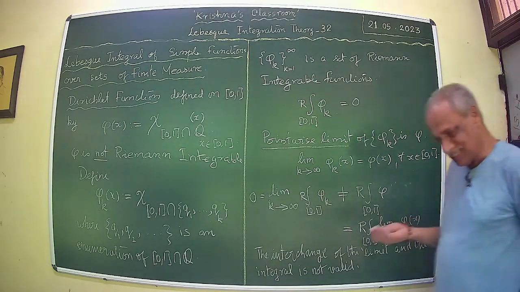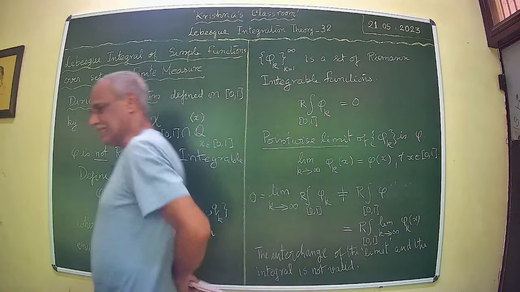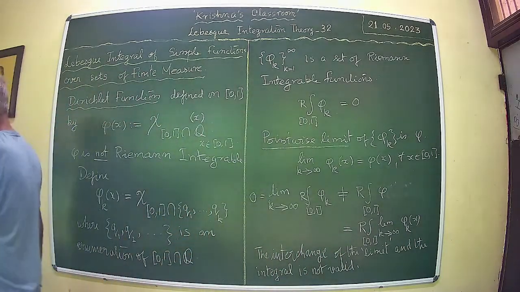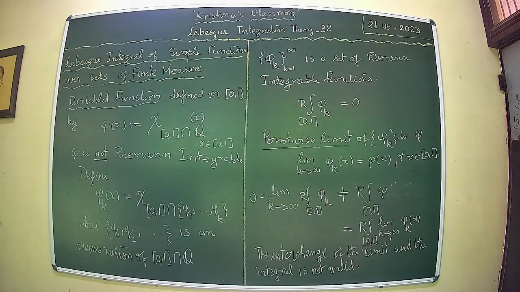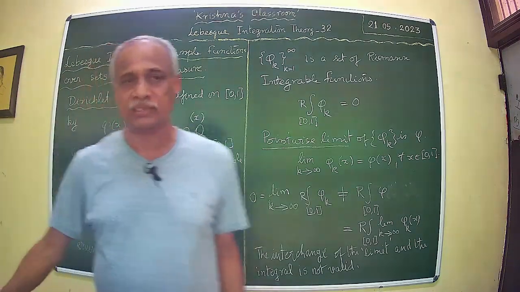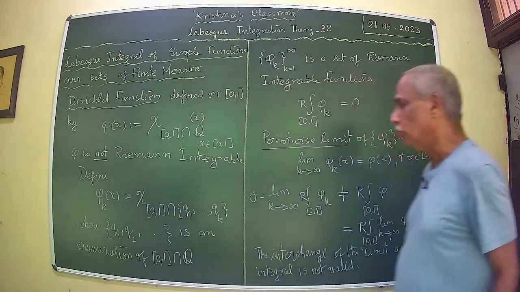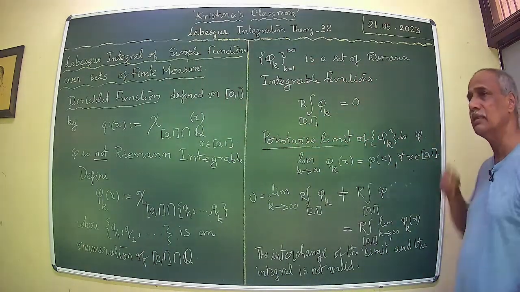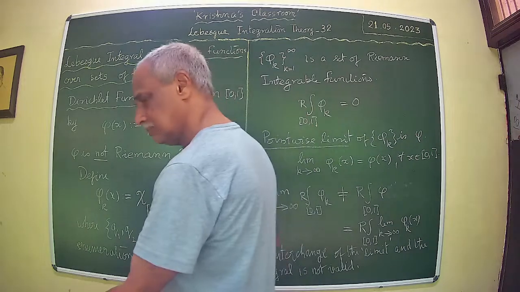So what this says is that you consider the class of all Riemann integrable functions over the interval 0, 1. There exists a sequence of Riemann integrable functions whose limit is not a Riemann integrable function.